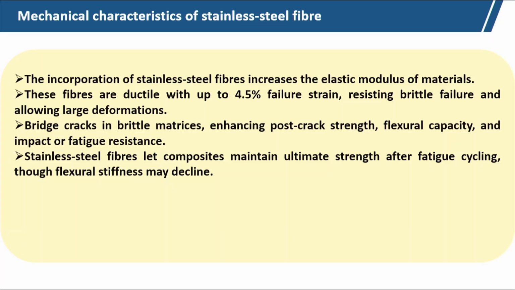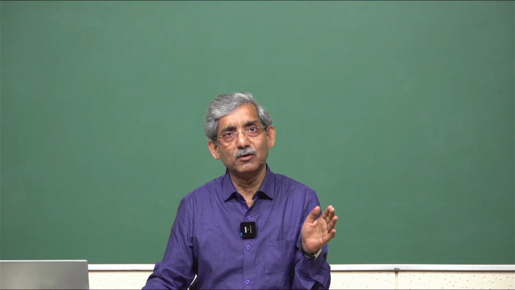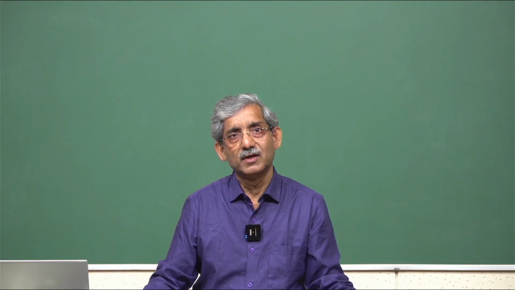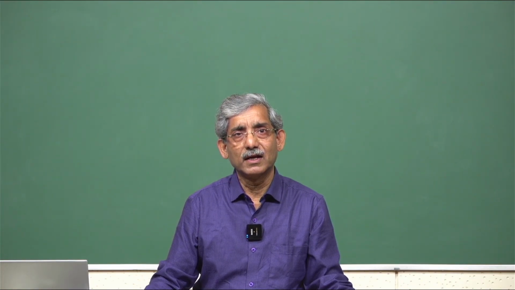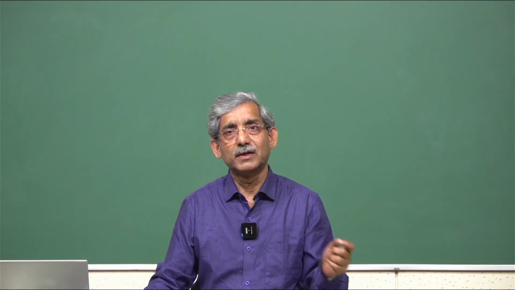So, if we use stainless steel fiber as a reinforcement for any composite, like thermoset composite or thermoplastic, it will keep the strength intact after repeated cycles. Though flexural stiffness may decline, the tensile stress may be maintained, but sometimes the flexural stiffness may decline with repeated fatigue cycling.